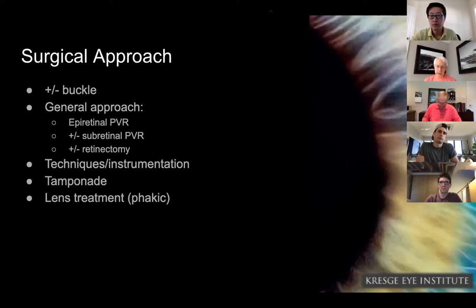In primary cases, though, I found that I rarely needed to do a retinectomy. Occasionally, if they're chronic and you've got a lot of anterior retinal displacement, you will have to end up doing a retinectomy. But most of the time in primary PVR, the vast majority of cases are going to have two types of proliferation.